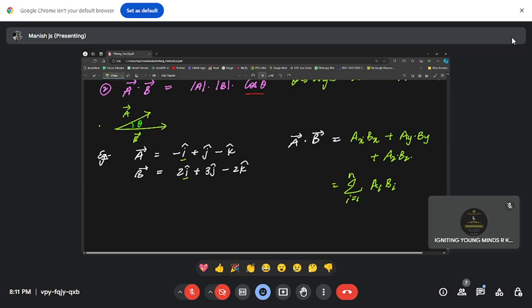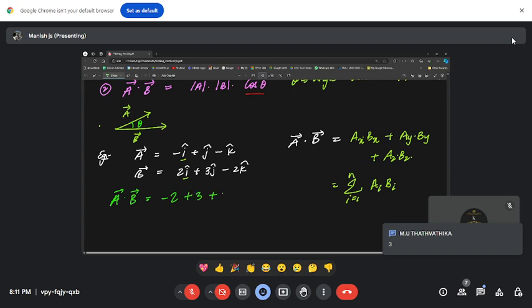So what is the answer, children? Tell me what is the answer for vector A dot vector B. Go and substitute the values based on the given vectors that you have on the screen. So ax bx would be, I hope you're getting, minus 2, and then plus 3, plus 2. And what is the answer? So it is going to be 3.